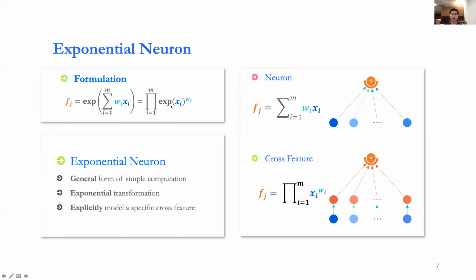First, each exponential neuron transforms input features into the exponential space, and then the transformed inputs are raised to the power of a corresponding interaction weight. And finally, all the transformed inputs are merged via multiplication. So in this way, each exponential neuron can explicitly capture a specific cross feature. And this is easy to compute and meanwhile enhances the modeling capacity of a canonical neural network model.